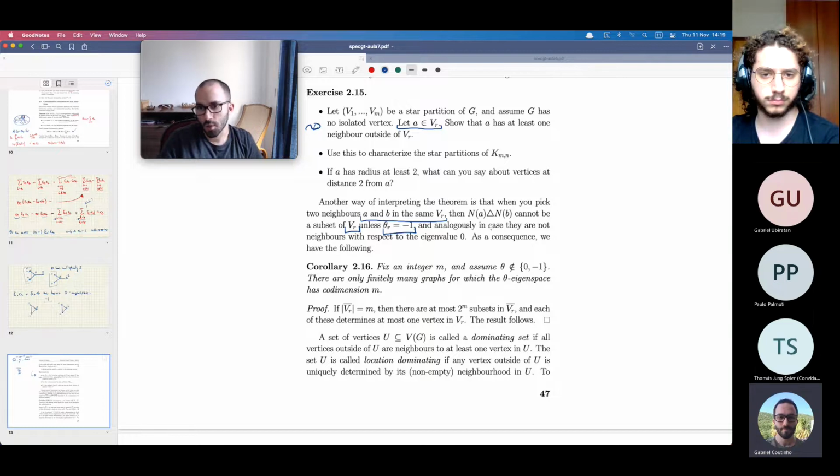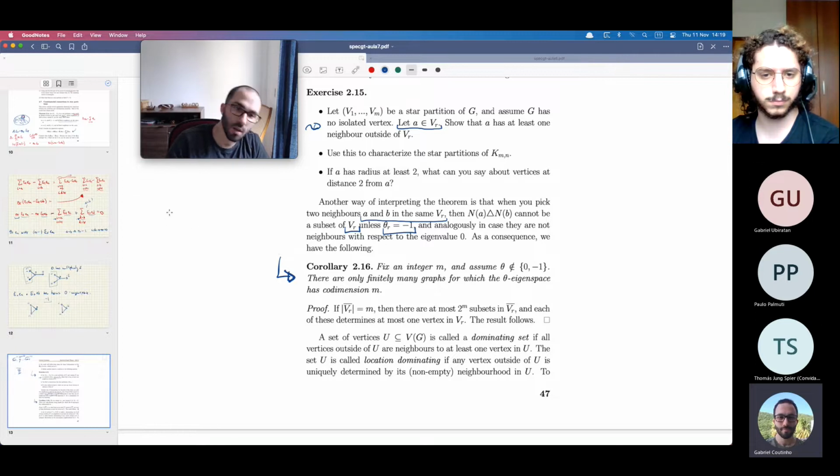And if they are not neighbors, the symmetric difference cannot be a subset of VR unless the eigenvalue is 0. As a consequence, we have this very nice corollary which says that if you fix m and the eigenvalue is not 0 or -1, then there are only finitely many graphs for which the theta eigenspace has codimension m.